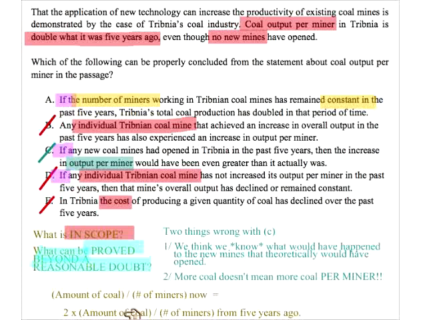The coal might have gone up by 6 times and the miners up by 3 times. That would work. Or the coal might have stayed the same and the miners might have been cut in half. Or who knows. But choice A is saying that the number of miners is constant.